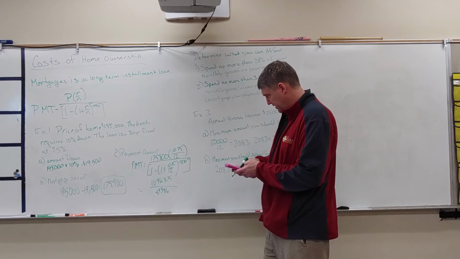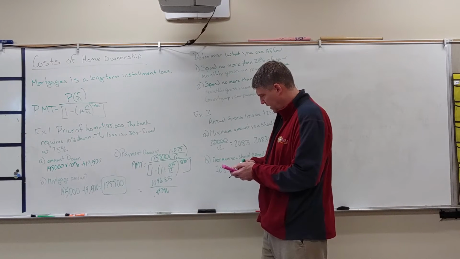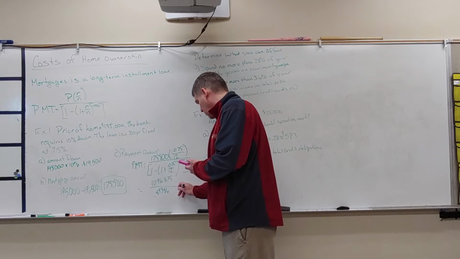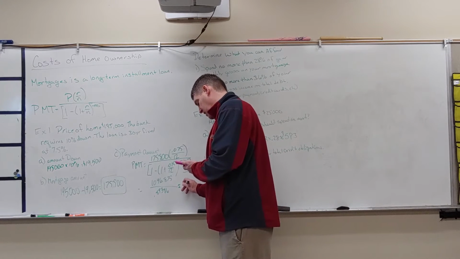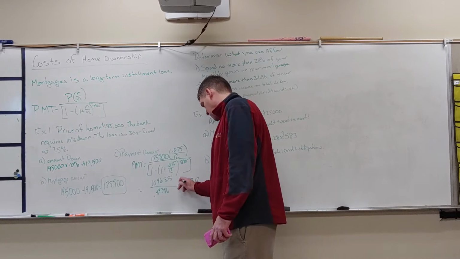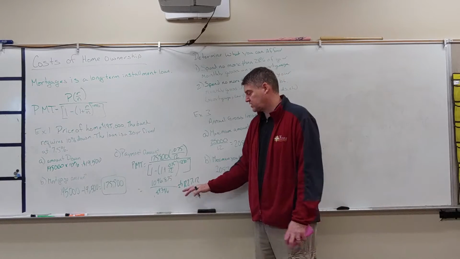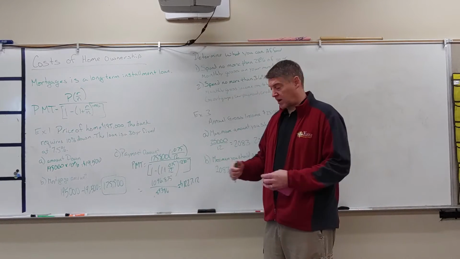So 1096.875 divided by 0.89386. So we're at approximately $1,227.12. So this is how much you're going to have to pay each month.